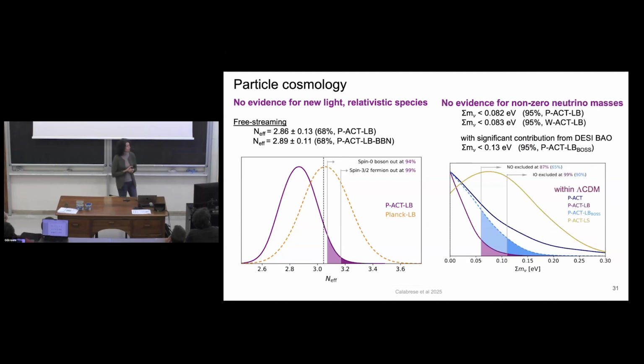We found no evidence for non-zero neutrino masses. So the results on the neutrino mass that you get from adding ACT observations are not that different from what you get from other CMB datasets. But this is one of those parameters that is really dependent on some other cosmological assumptions that you made.